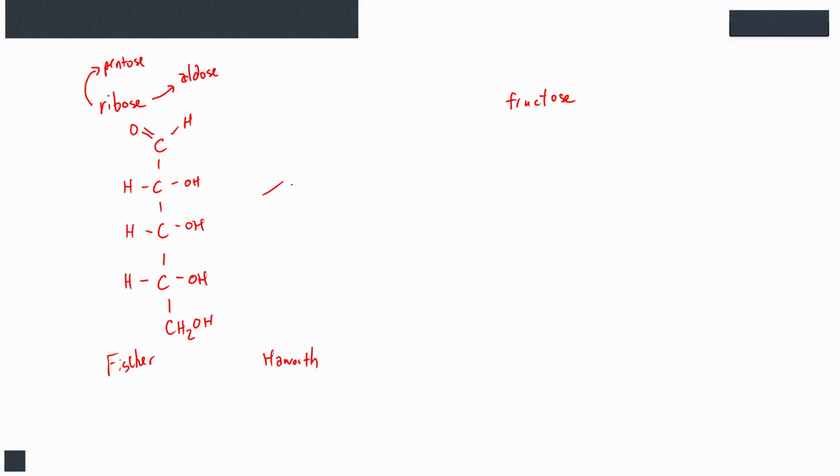Our Haworth projection is going to make a five-membered ring. One of those members is going to be oxygen. Now, carbon number one is right here. This is our anomeric carbon. This is carbon number one, where I just put a dot. So I have these two red dots by the carbon that is an anomeric carbon whenever it's in a ring, and one that becomes the anomeric carbon when it's in the linear form.